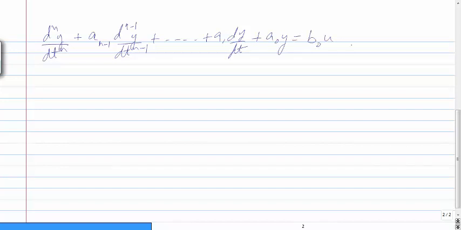So this is the equation. Now how do we convert this differential equation into state space?